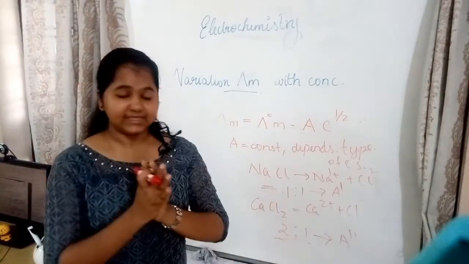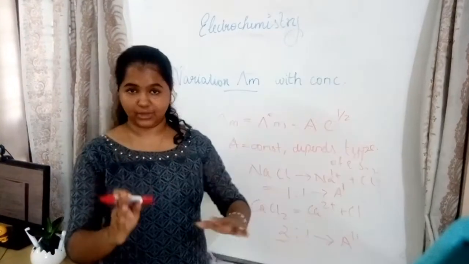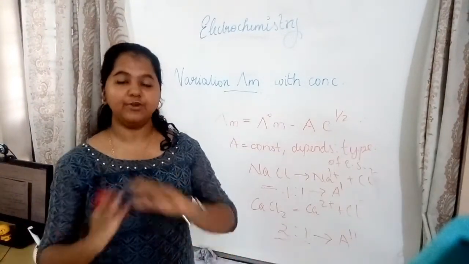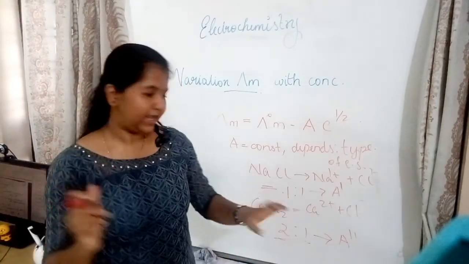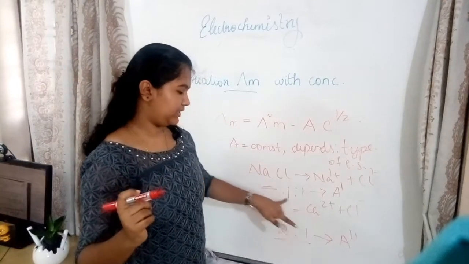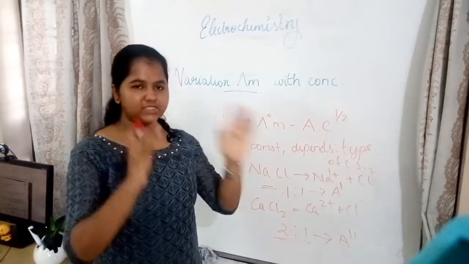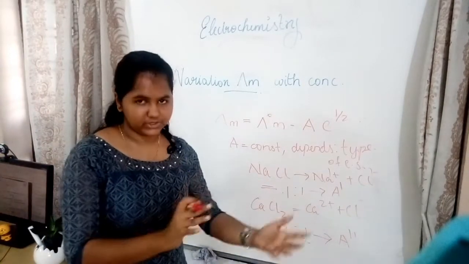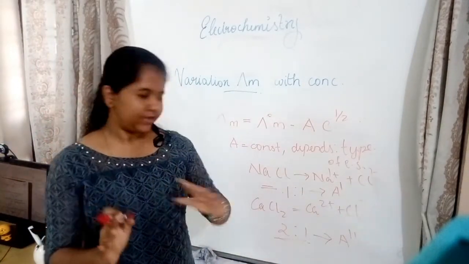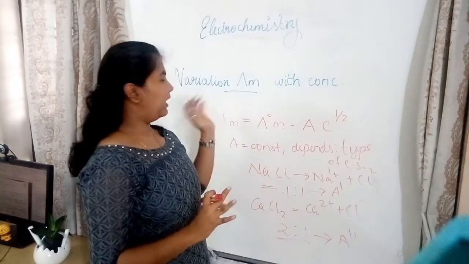The A value would be the same for every electrolyte having the same cationic and anionic ratios. So if 1:1 comes for another electrolyte also, the A value would be the same. So that is to talk about the equation.